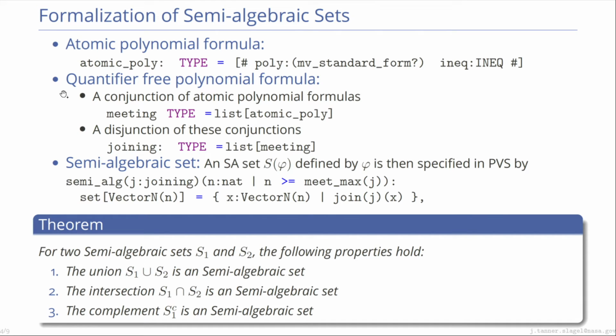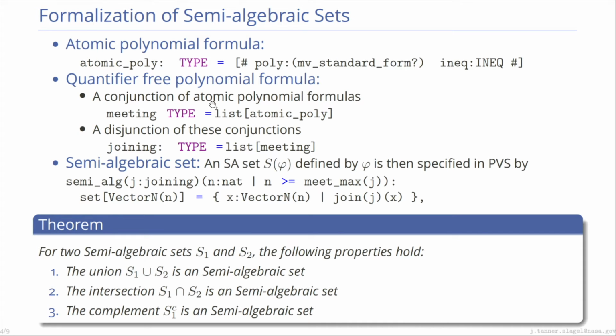So once you have atomic polynomial formulas, we can make a quantifier-free polynomial formula. We chose to define a quantifier-free polynomial formula in disjunctive normal form in PVS. What this means is that it is a disjunction of conjunctions of atomic polynomial formulas.